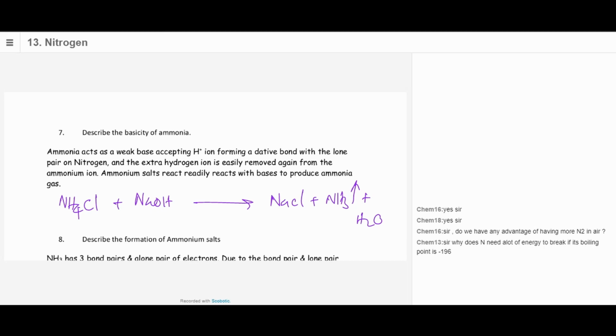What happens is that the red litmus turns blue, indicating the formation of ammonia gas. This is how ammonia gas is produced in the laboratory, and that's how it is tested.